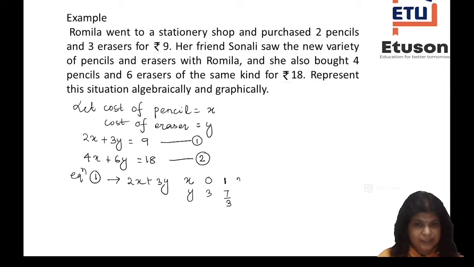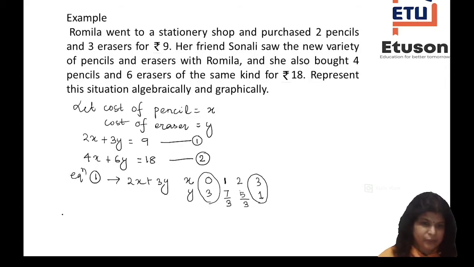Suppose you take the value 2, then it is 9 minus 4, that is 5 divided by 3. If you take the value 3, then you will get 9 minus 6, that is 3. So y is equal to 1. So it is easy to plot. You can take 0, 3 and 3, 1 and you can plot the graph.